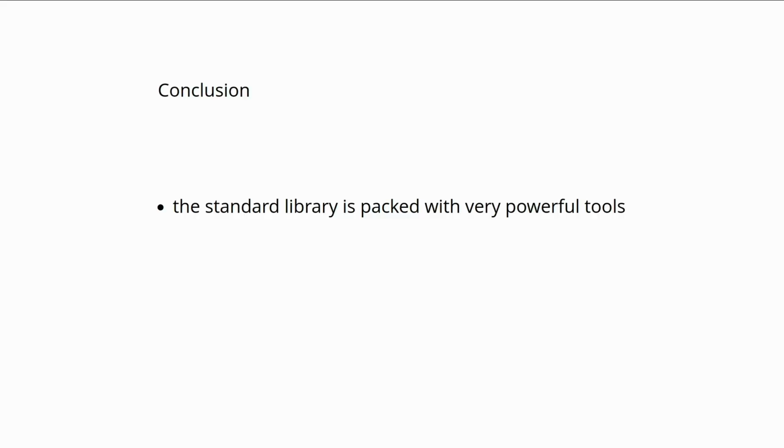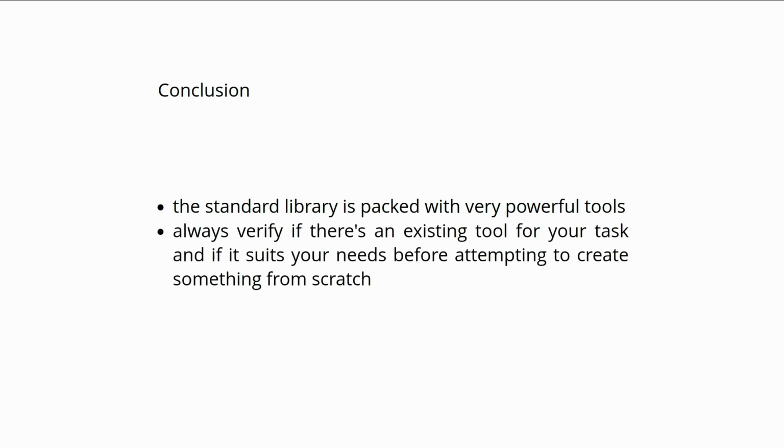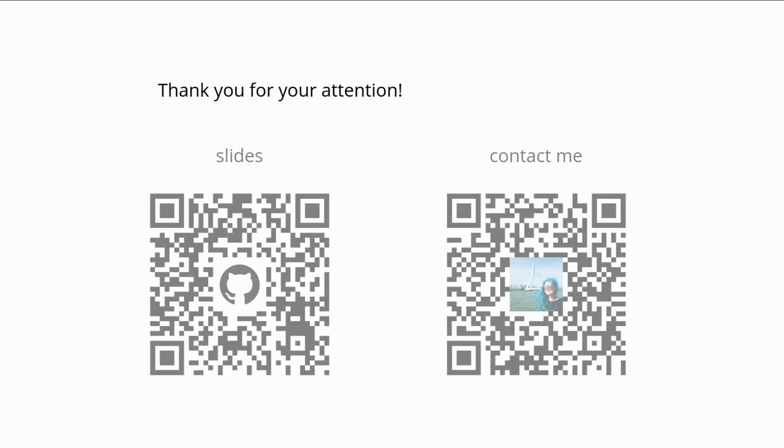The first one is the standard library. It is packed with very powerful tools, so don't be afraid, deep dive into it and check out all the tools that are there. And the second one is always verify if there's an existing tool for your task and if it suits your needs before attempting to create something from scratch.